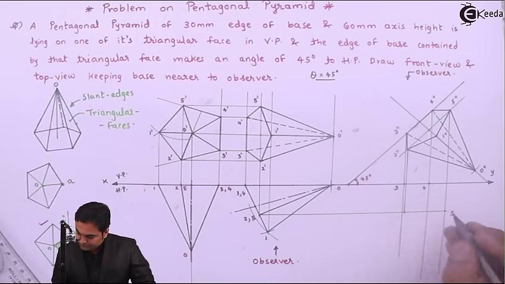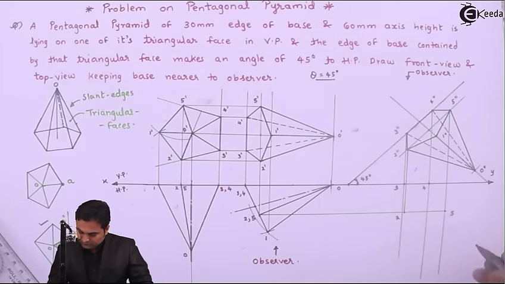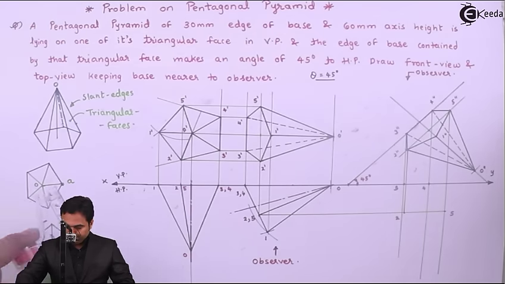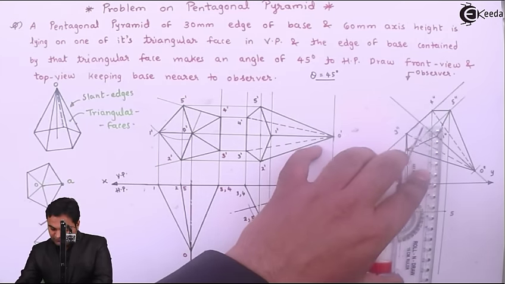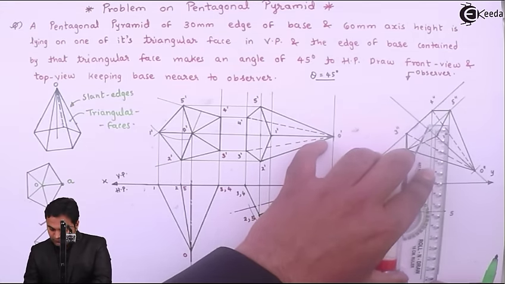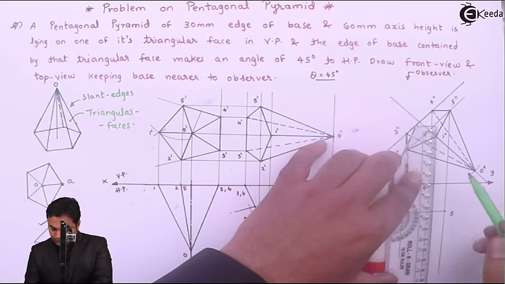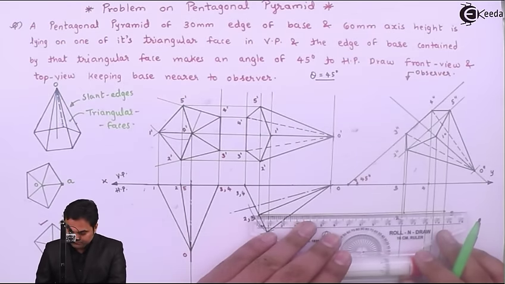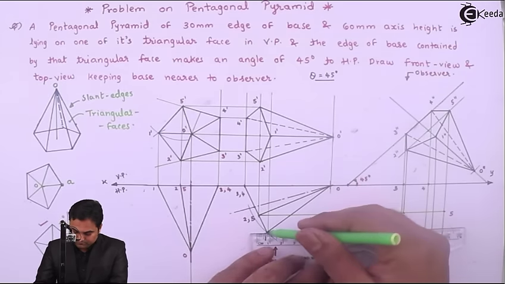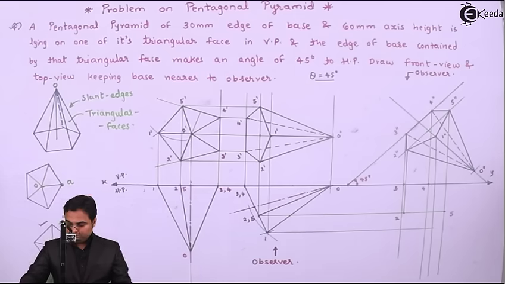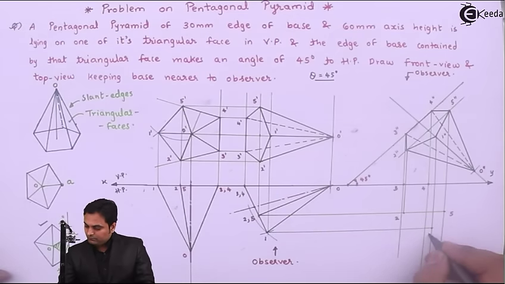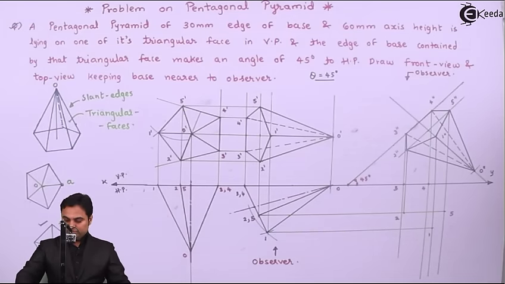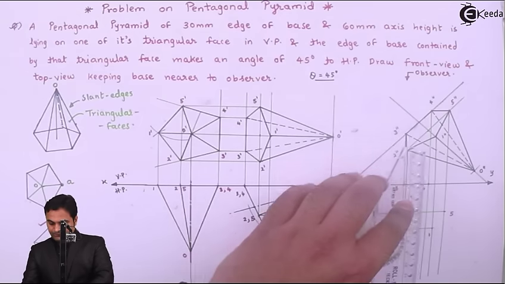Point 2, then 1 double dash from the front view. Point 1 from the top view. Then apex, which is point O double dash.